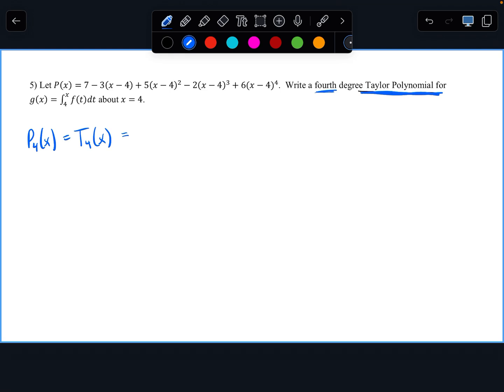So if I need g of x, obviously it's integrating that function. So I'm going to integrate from 4 to x. If you need a 4th degree, I'm going to use the polynomial that goes up to 3, because if you integrate it, it's going to go to a 4. The cubing one is going to go to a 4 when you integrate it.